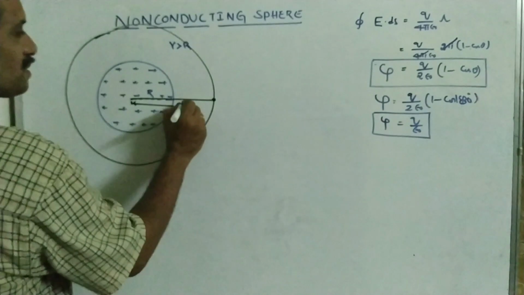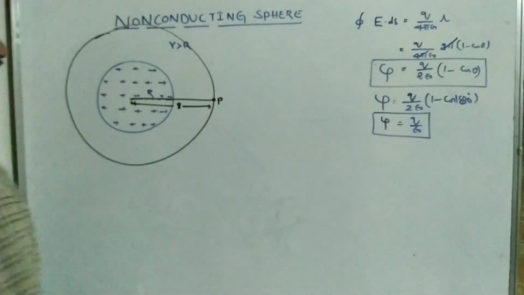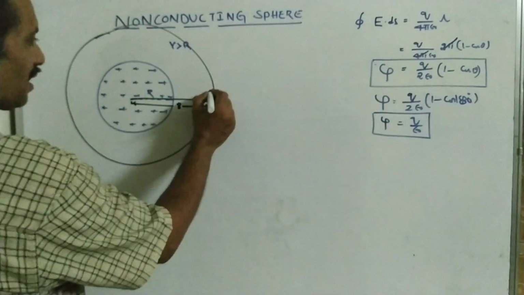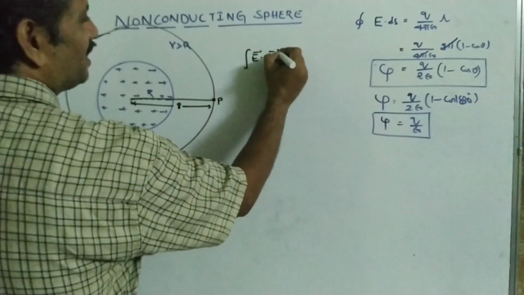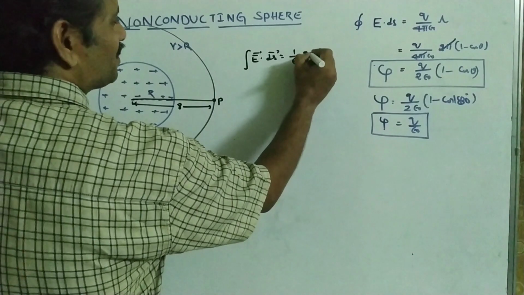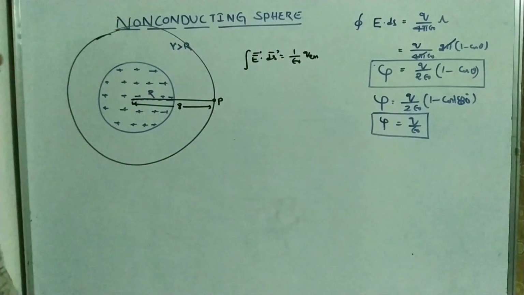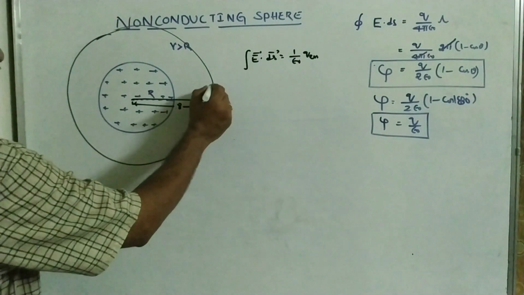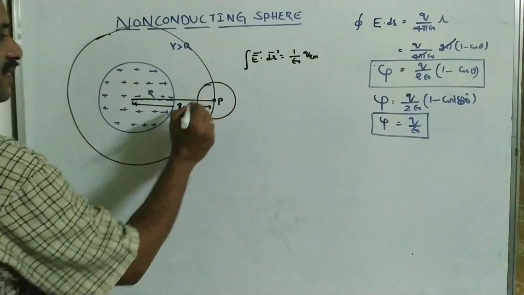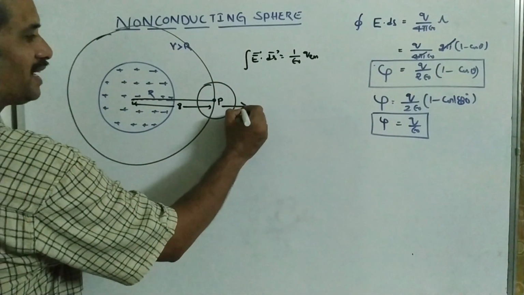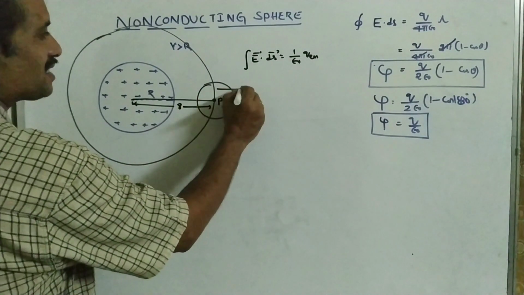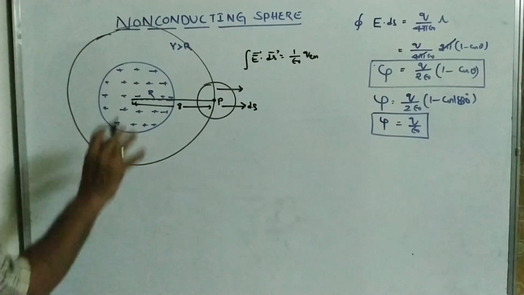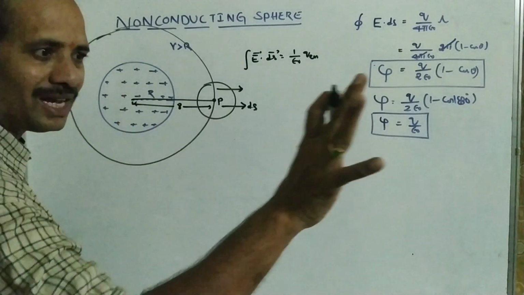Let small r be the point where I am finding the electric field. Integral E dot dS equals 1 by epsilon 0 times the charge enclosed. Consider a small surface area whose area vector is like this, and the electric field is also like this, because positive charge diverges the lines.